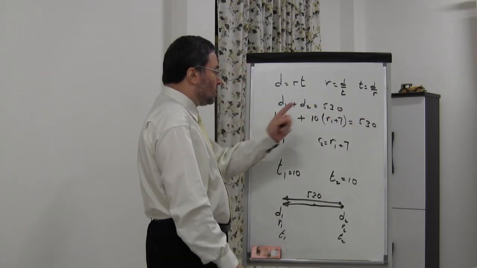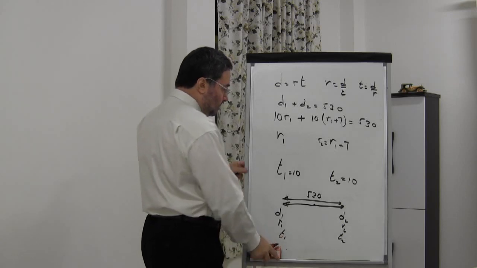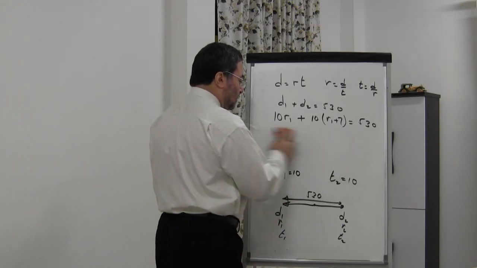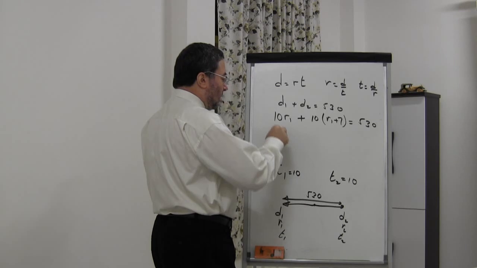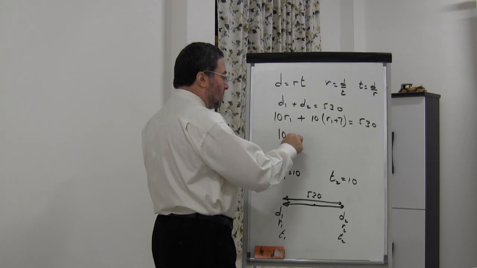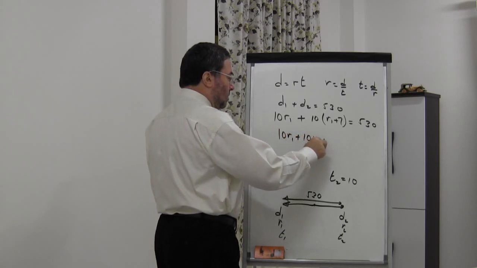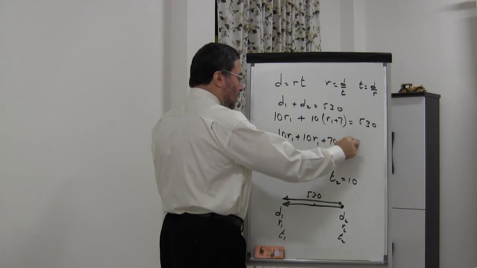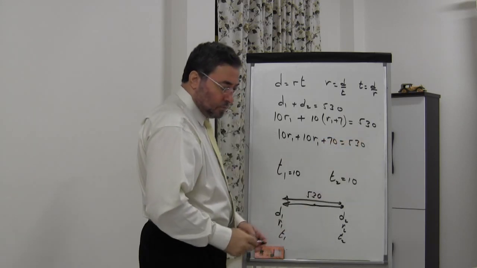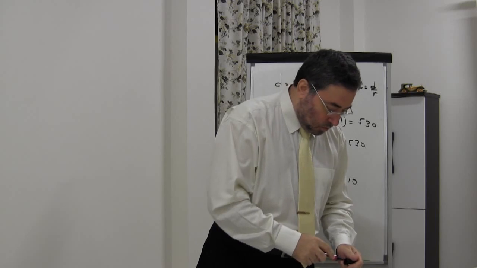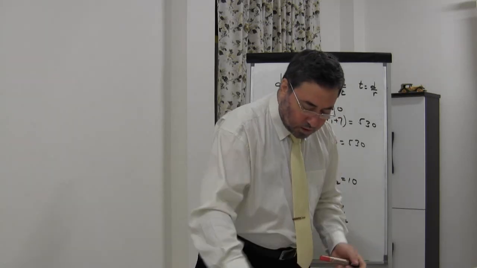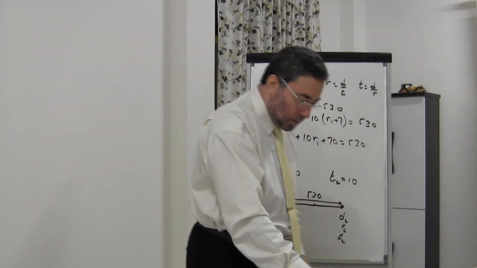And now I simply solve, and we get 10R1 plus 10R1 plus 70 equals 530. And here we are solving for the rates of the cyclists.